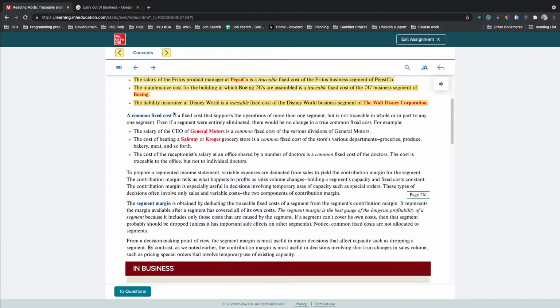A common fixed cost is a fixed cost that supports the operations of more than one segment. Okay. I'm going to put that inside here.